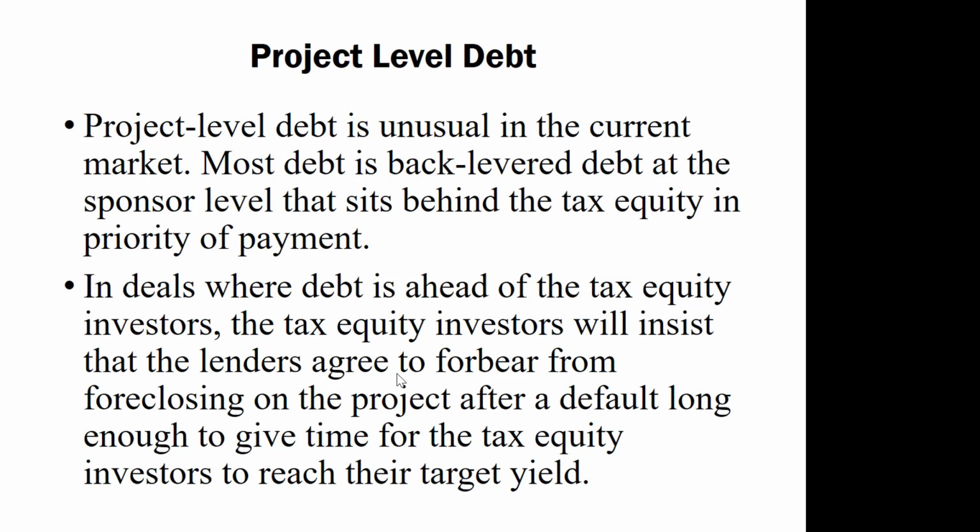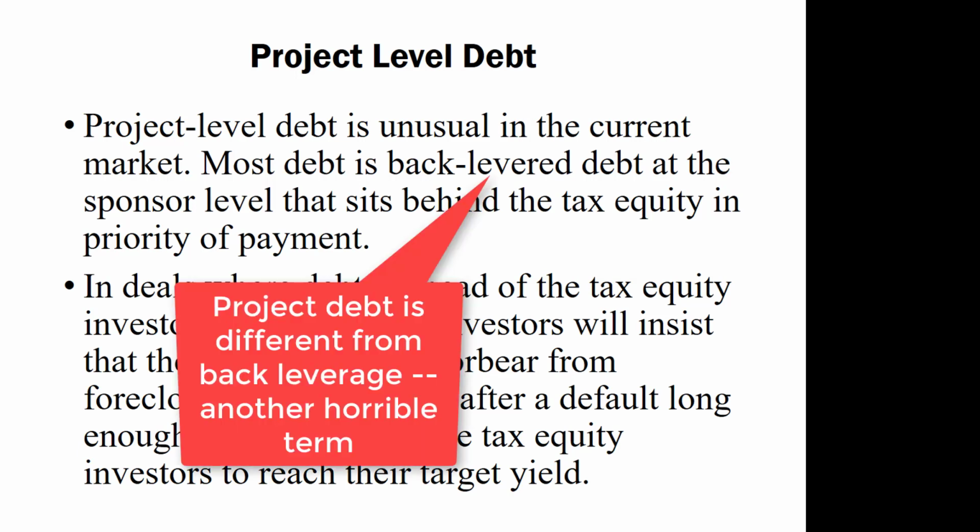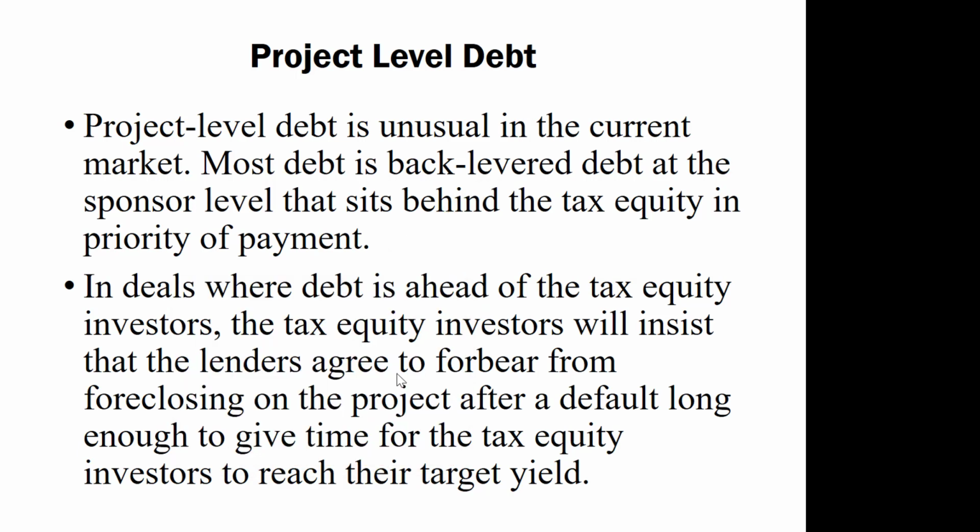When I say debt at the project level, it doesn't only affect cash flows and waterfalls and who gets paid first and who gets paid second. It affects the constraints because you have to adjust these depreciation calculations for the changes in the debt balance. I'm not even getting into that one, because a lot of these projects don't have project level debt.